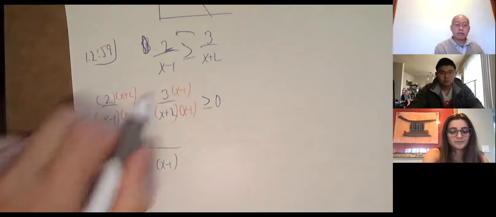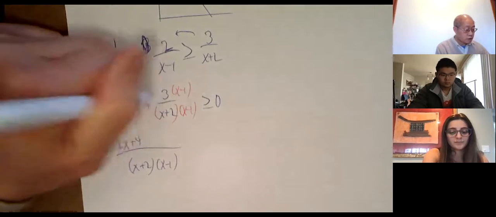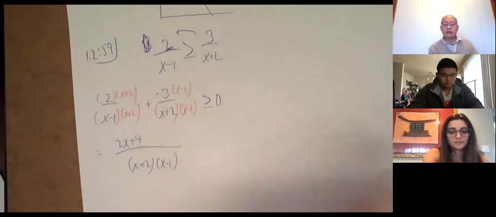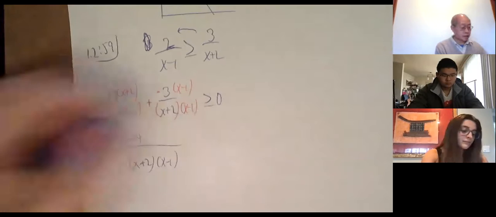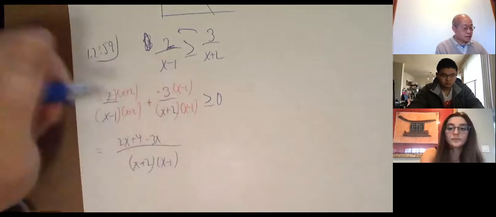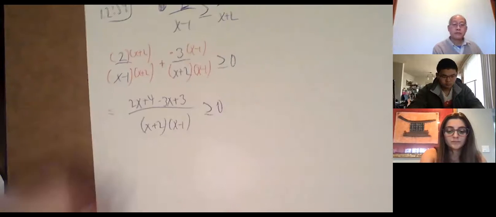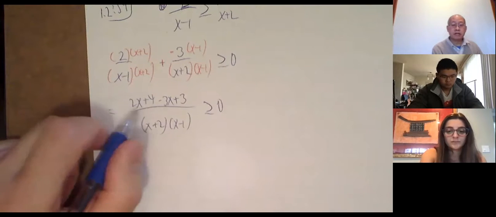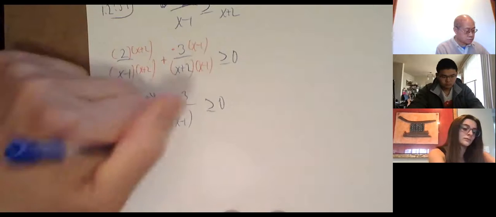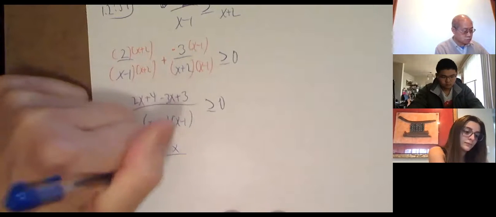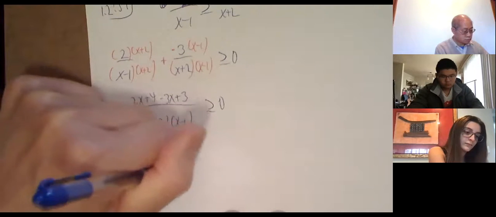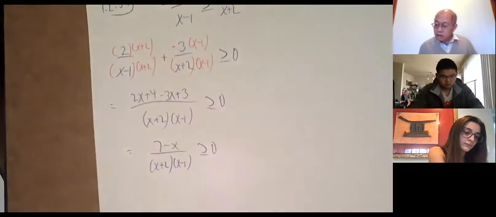I'm going to change that to a plus and change this to a minus to remind myself. I highly recommend doing that so you don't forget to distribute when you see something like that. So minus 3x plus 3. Okay, so that's going to be 7 minus x on top, greater than or equal to 0.